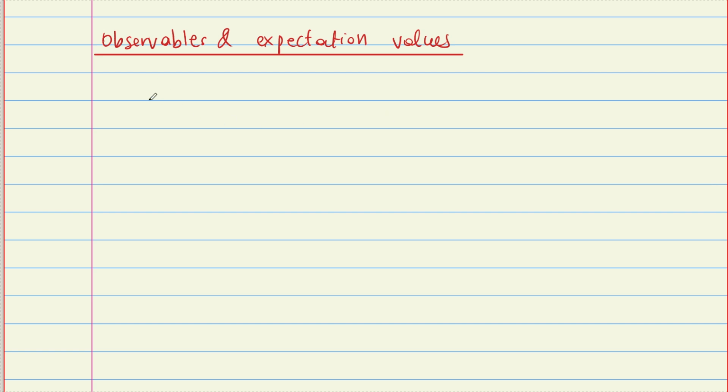So let's think about observables. This may be a new terminology for you, but don't be scared. Observables and expectation values.